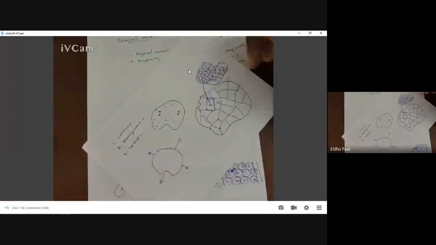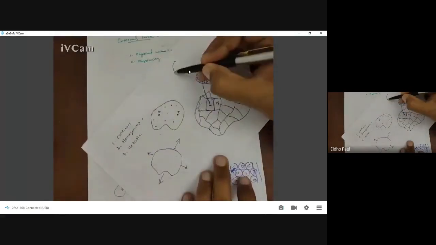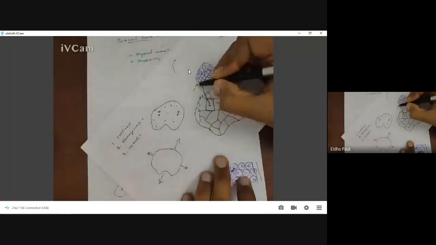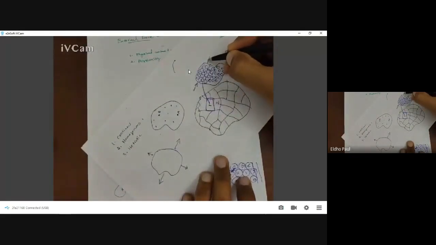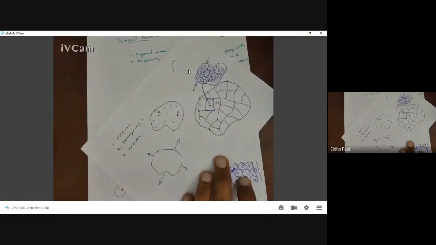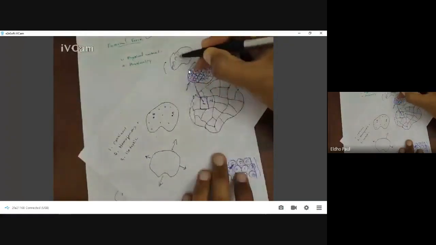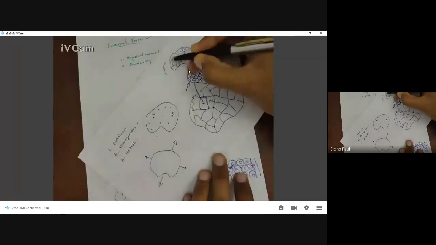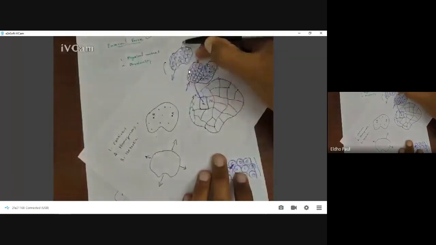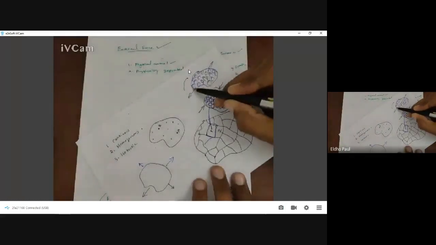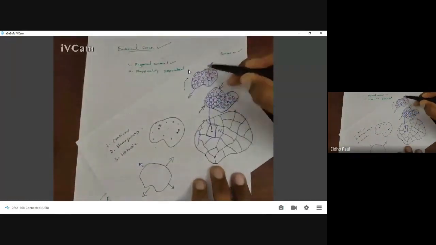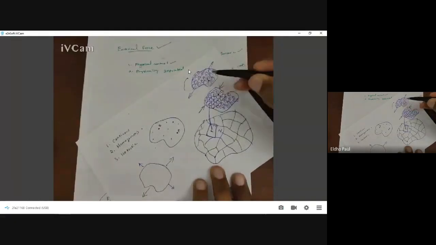So, if you take any crystal, a single grain, and apply a force on it, then there is a chance for slippage of one layer of atoms over another, over the adjacent layer of atoms.